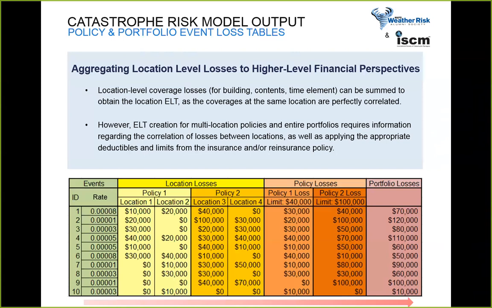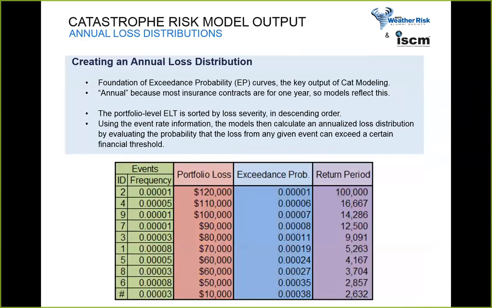So only $100,000 gets passed through and is actually paid off on this risk, despite the losses being $130,000 in total. So the policy only pays out what is contractually obligated, and it'll do that calculation. Ultimately, once we have all the policy level losses, we can aggregate up and sum up to portfolio level losses.